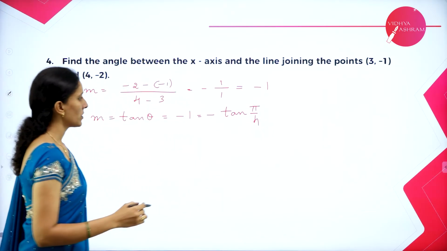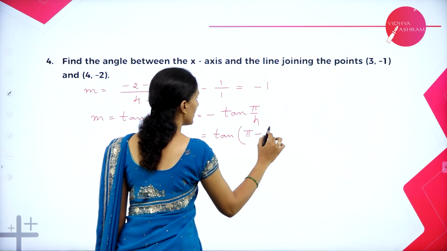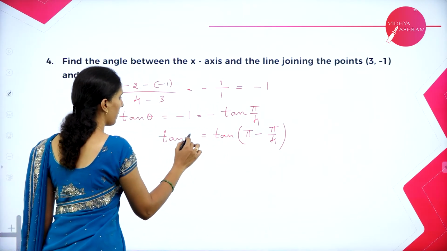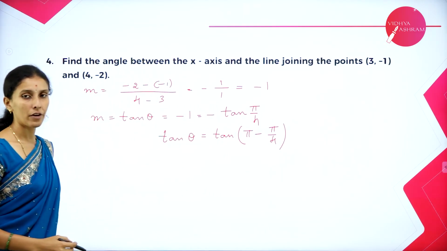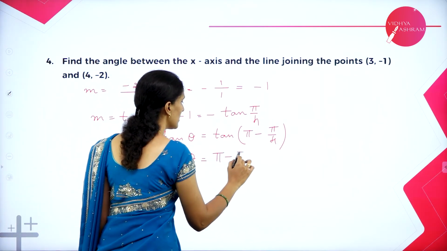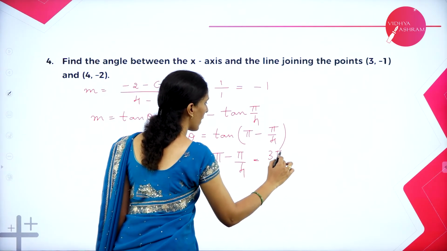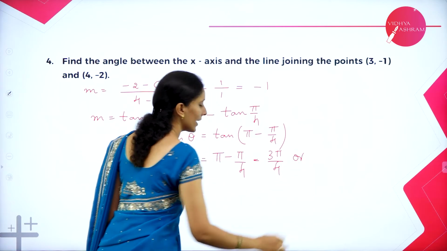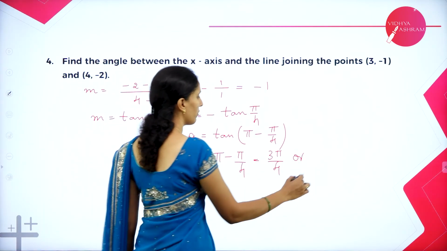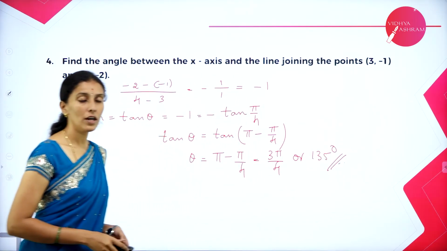To make it positive, I can write this as tan of (pi minus pi by 4). So here we have tan theta on one side, and on both sides we can remove the tan function. Therefore theta is equal to pi minus pi by 4. If you solve this, 4 pi minus pi is 3 pi by 4. Or if you write in terms of degrees, pi by 4 is 45, and 3 into 45 is 135 degrees. So this is the value of your angle.